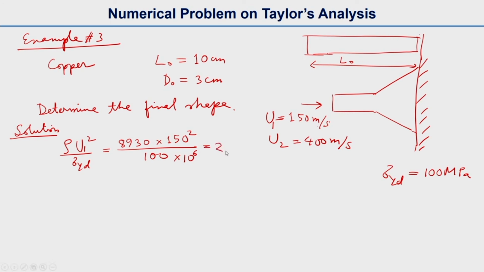So this will give a factor 2, and then for the other velocity, 8930, this will be 400 square, 100 into 10 to the power 6, and this will give us 14.2.